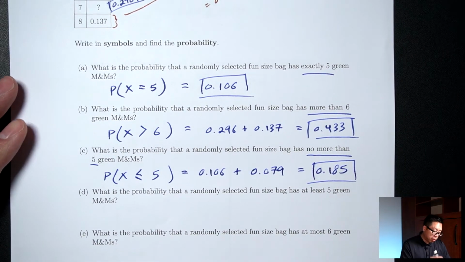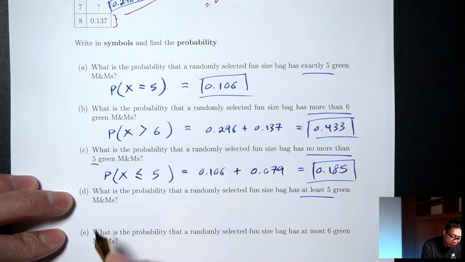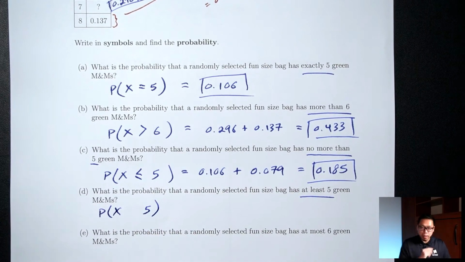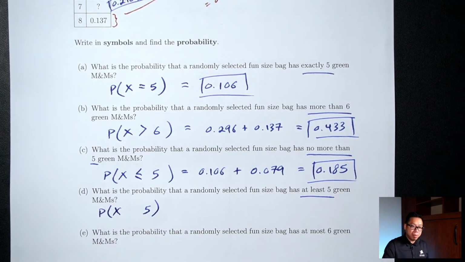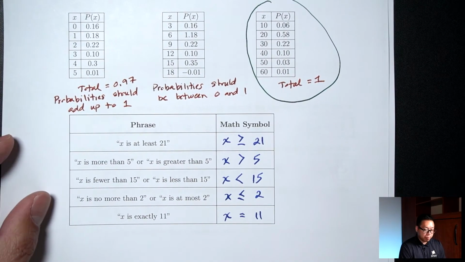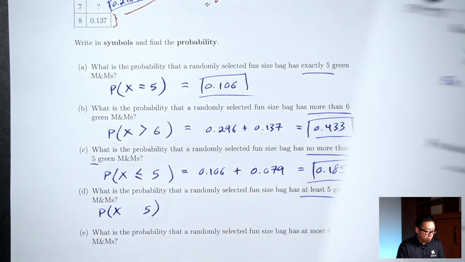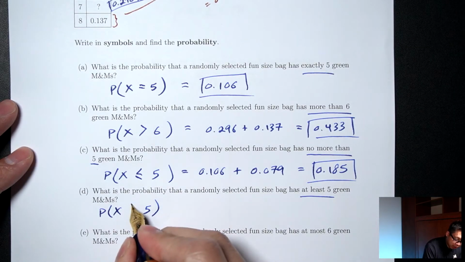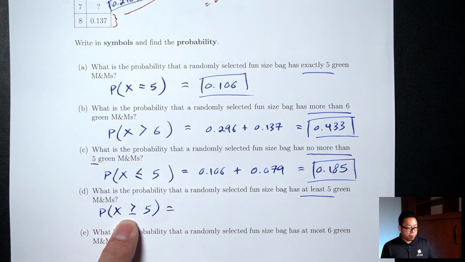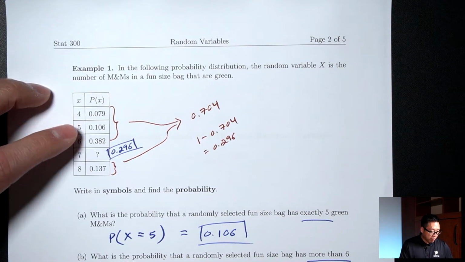D. What's the probability that a randomly selected fun-sized bag has at least 5? Okay, at least 5. If you don't remember what that means, look at the table on the front page. At least 21 is greater than or equal to 21, which means at least 5 is greater than or equal to 5. Okay, the equals part means include the 5, so 5 and up. 5 and up would be the 5, the 6, the 7, the 8.